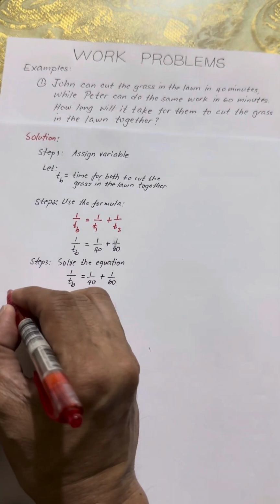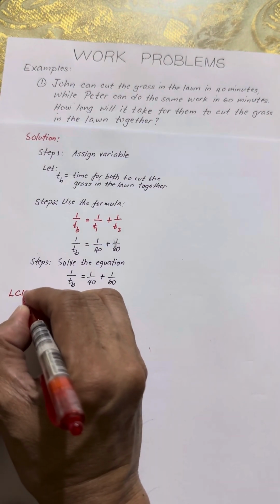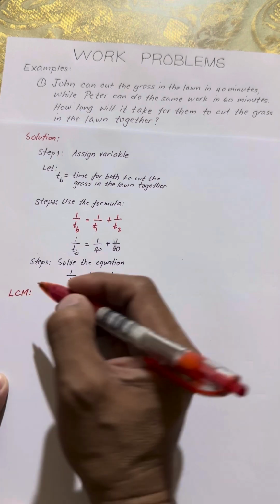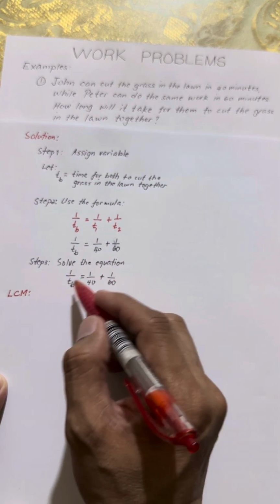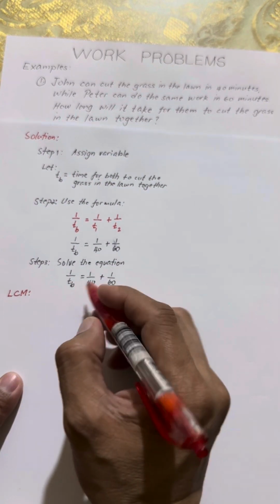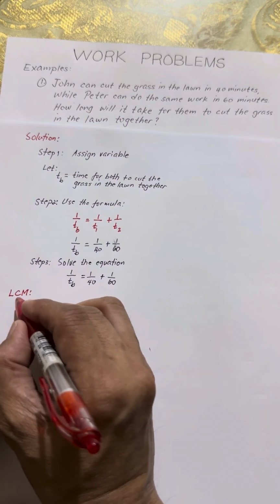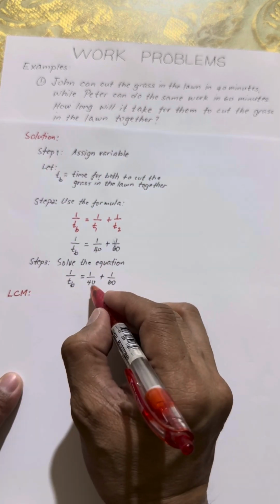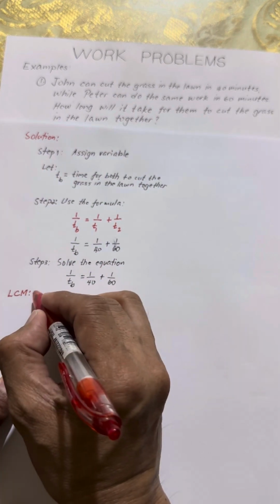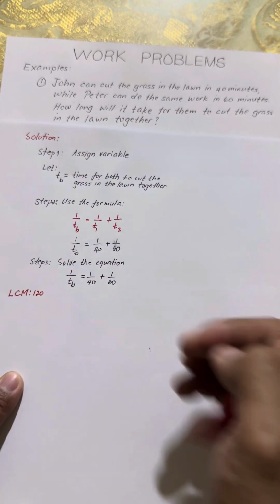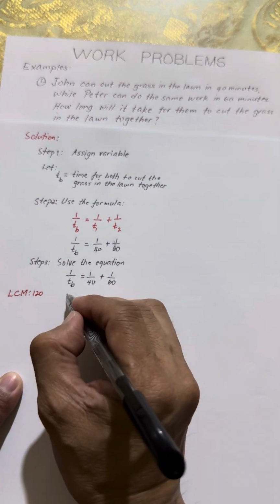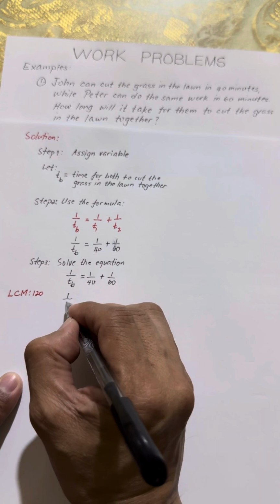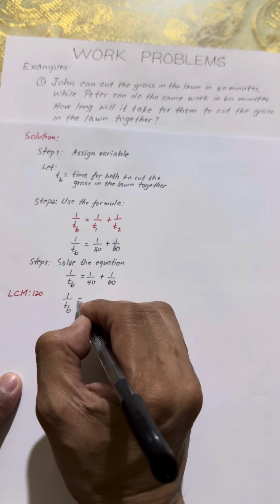I will consider only the LCM on the right side, though you can do it together at the left side. LCM means least common multiple. The least common multiple of 40 and 60 is 120. So that's what I'm going to multiply both sides of this equation by.